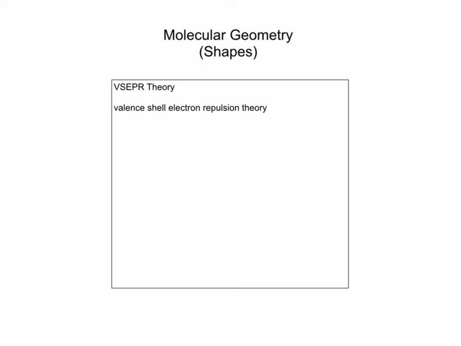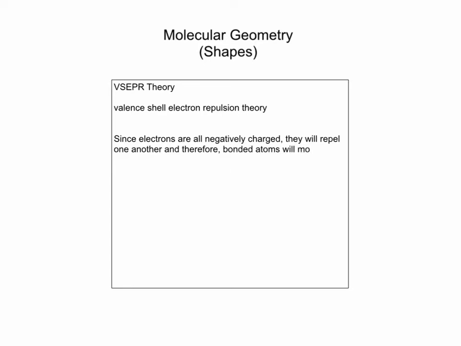VSEPR says that since electrons are all negatively charged, they will repel one another, and therefore bonded atoms will move as far apart as possible.